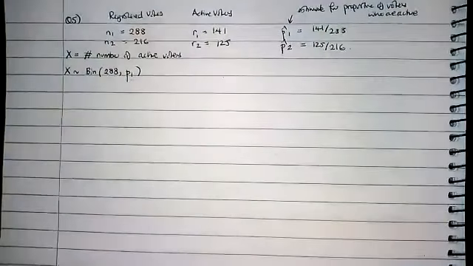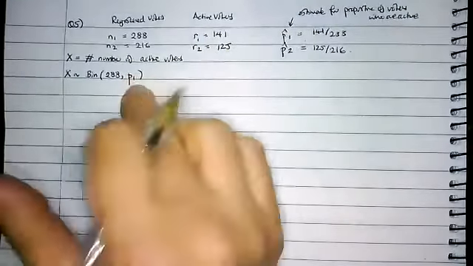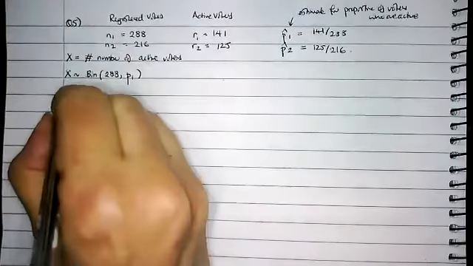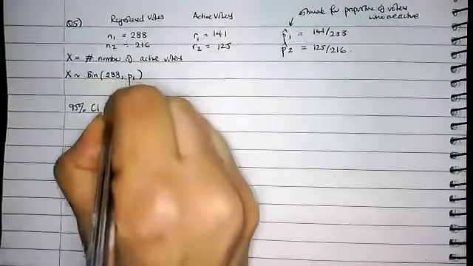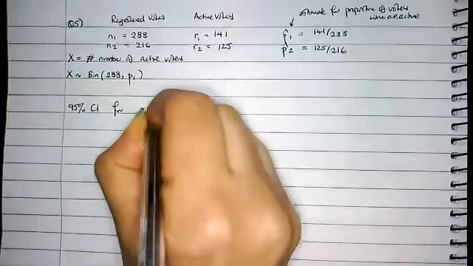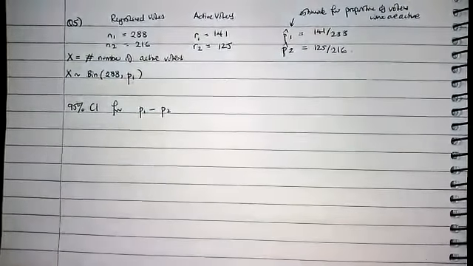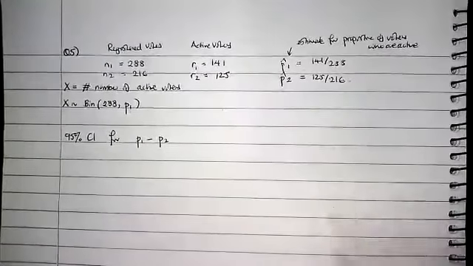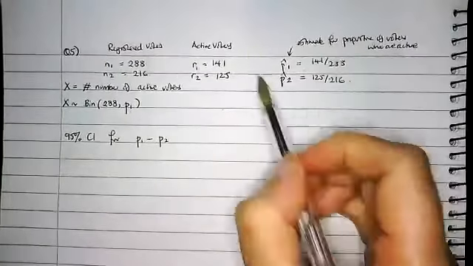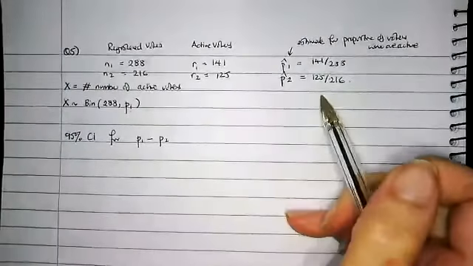So I'm in this situation, and what the question is asking me for is a confidence interval for the difference between p1 and p2. Now, I've got to use the information that I've got, so I'm guessing that these p hats have got to go in there somewhere, because that's the only information that I've got.